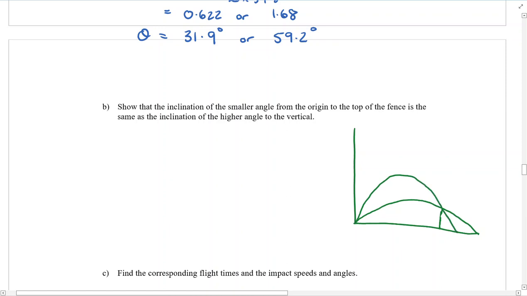And then there's two different angles that would still let me just clear that fence. And they're the two angles that we just worked out. We need to find, because this question is asking me to compare the angle that is made to the fence. So I need to know just directly, if I went straight from where I started to my fence, what is that angle theta?